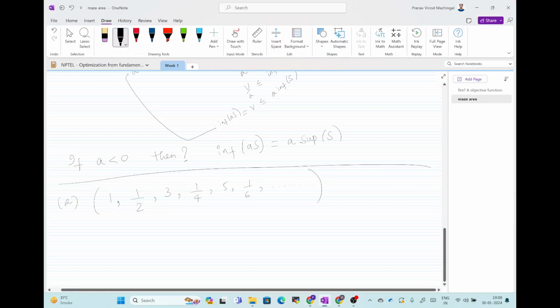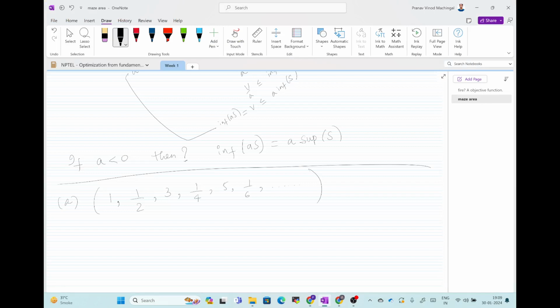It is diverging, right? Why? We cannot get a limit for this sequence. Is it bounded? No, it's not bounded, because these odd numbers are going to infinity.